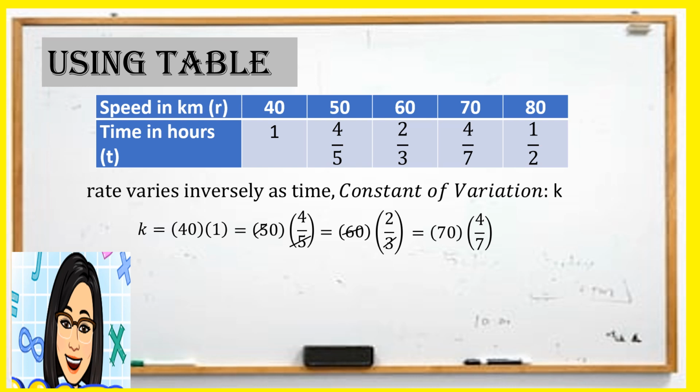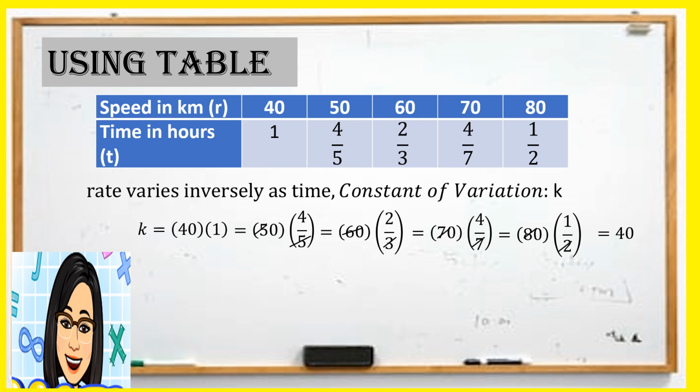Then 70 times 4 over 7, 70 divided by 7 is 10, then times 4 is 40 also. And lastly, 80 times 1/2, 80 divided by 2 is 40, times 1 is 40.